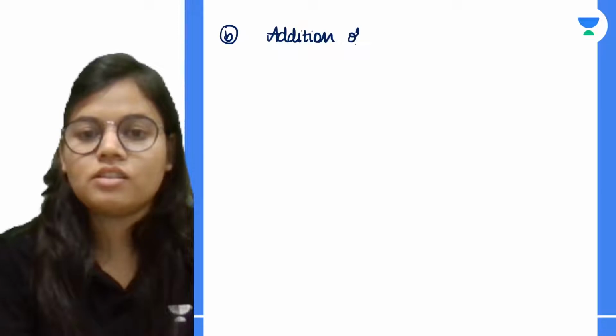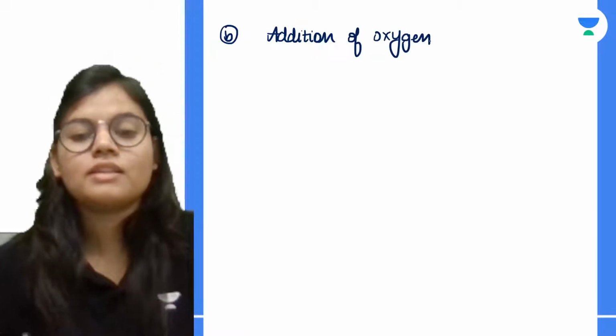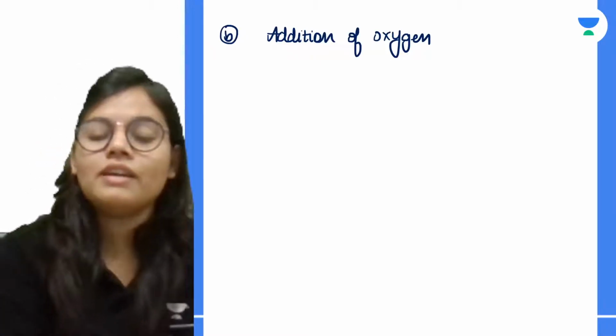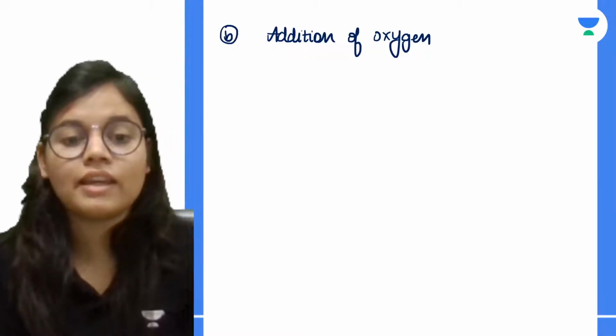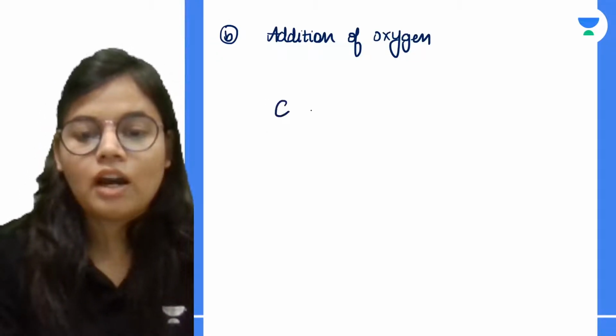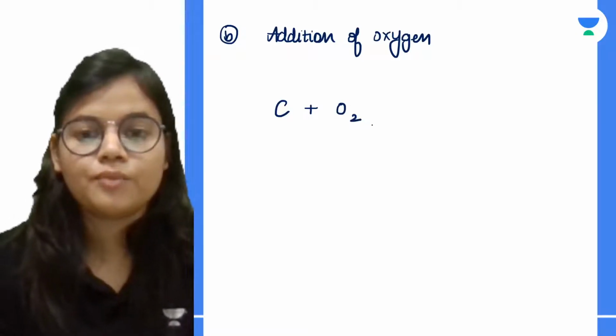The second definition is the addition of oxygen. Whenever oxygen is added, we say oxidation has taken place. How? Let's suppose I have carbon and I add oxygen to it.